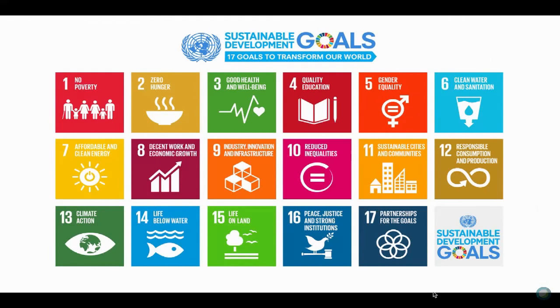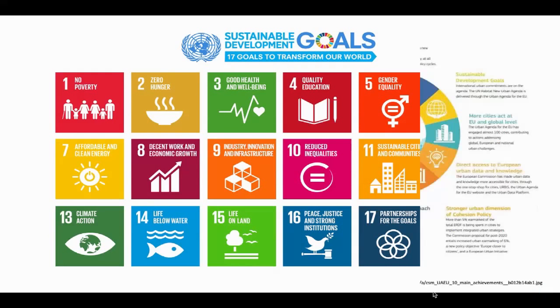Cities can be expanded. The United Nations has identified their sustainability goals, and number 11 is sustainable cities and communities. Yet cities are the vehicle for attaining the 17 goals as a whole.